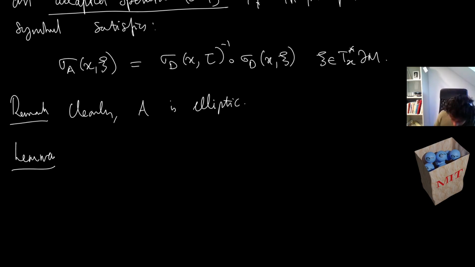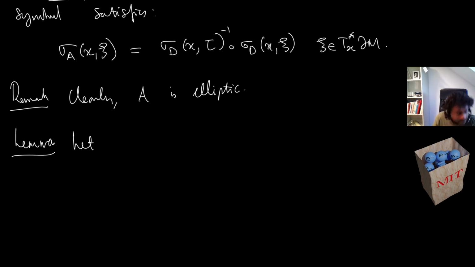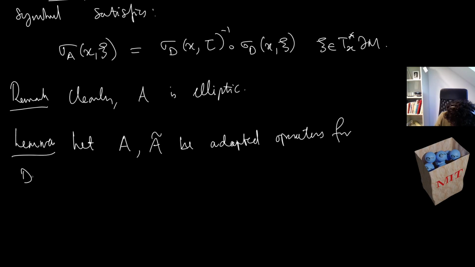Okay, so let A and A tilde be adapted operators for D and D tilde respectively. So you're given these operators, right?